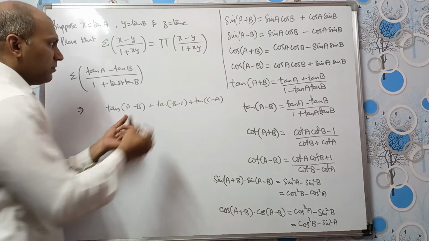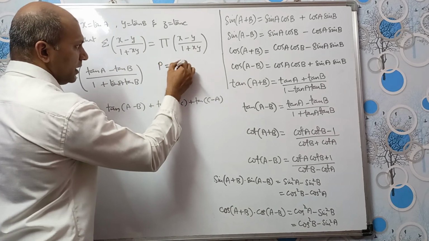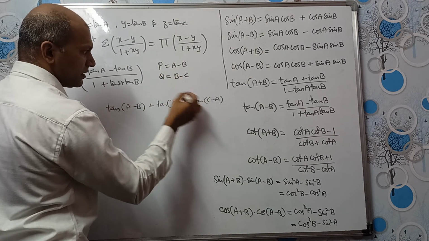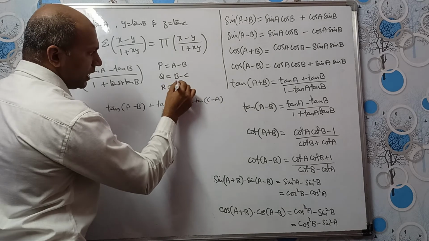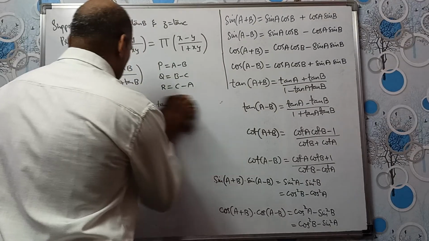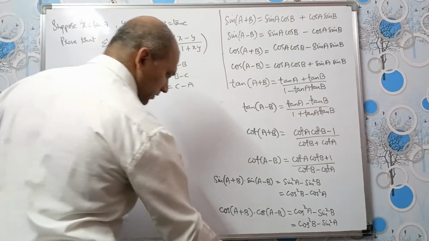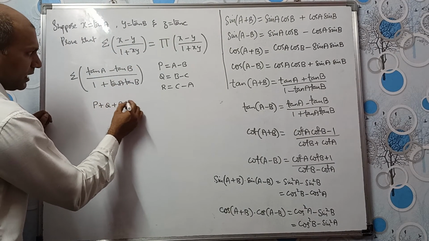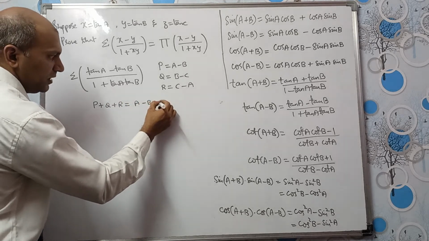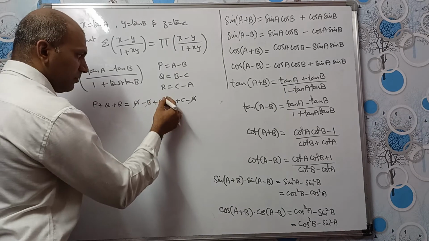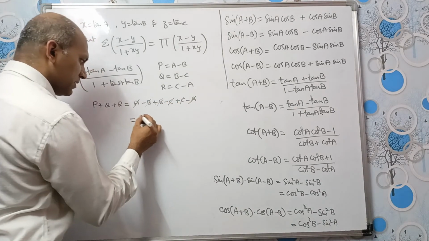So it will become very lengthy. So in place of A minus B, let us take P. A minus B is P, and let us take Q as B minus C and R as C minus A. Like this. So if you add this, P plus Q plus R will be equal to A minus B plus B minus C plus C minus A, which is 0, right?